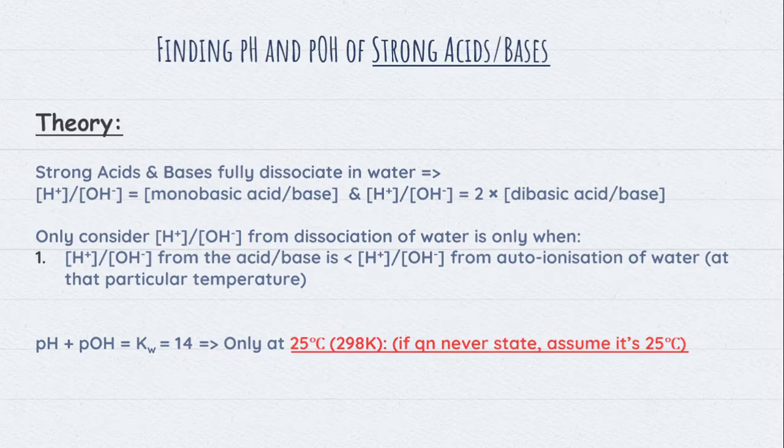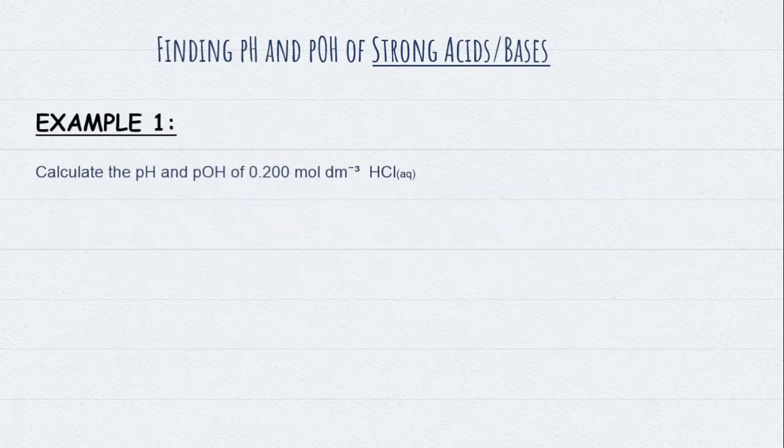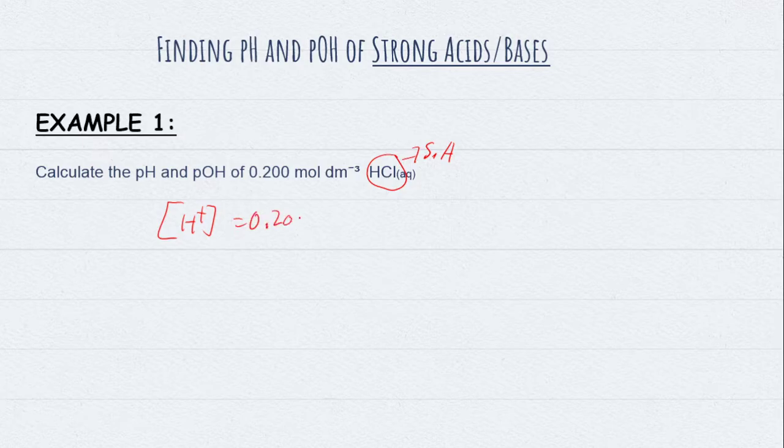Let's begin. First example. Calculate the pH and pOH of 0.2 mol per dm cubed of hydrochloric acid. First thing, this is a strong acid giving us hydrogen ions, not hydroxide ions, so H+ equals 0.200.